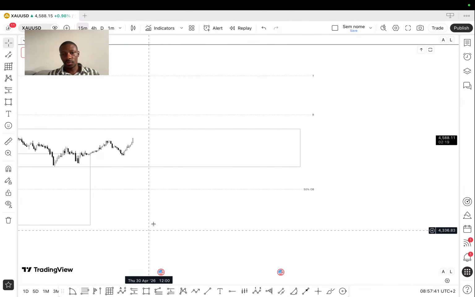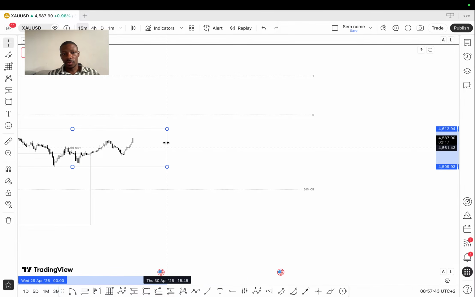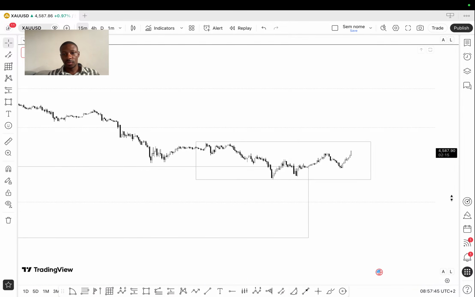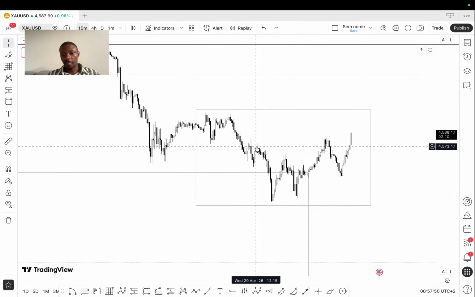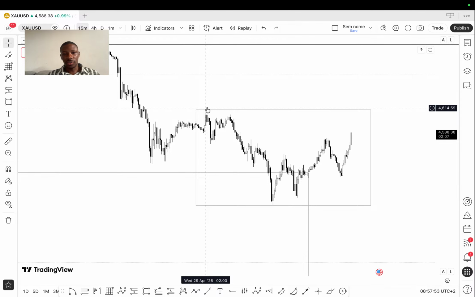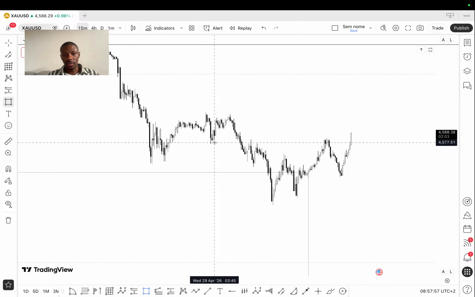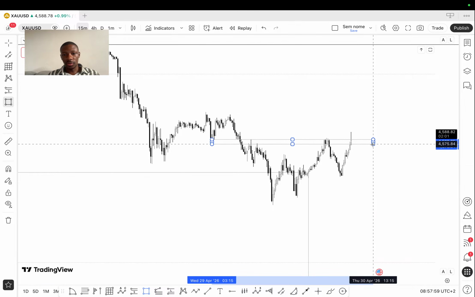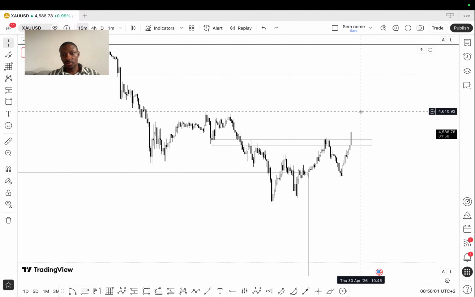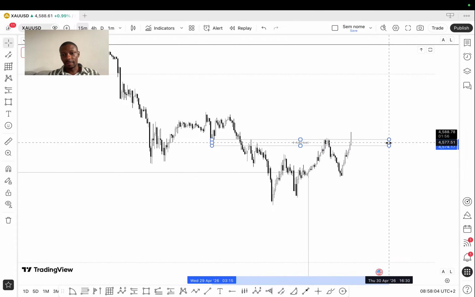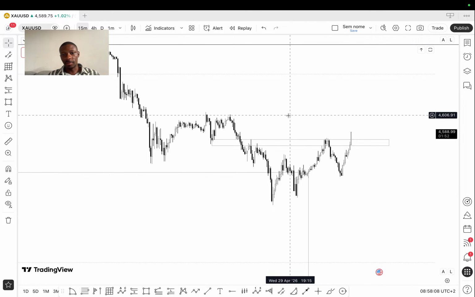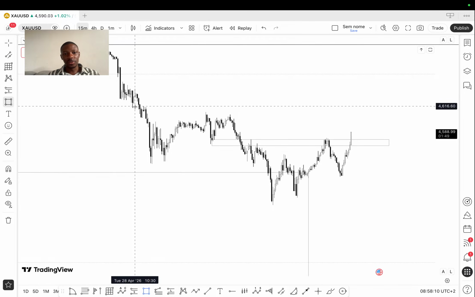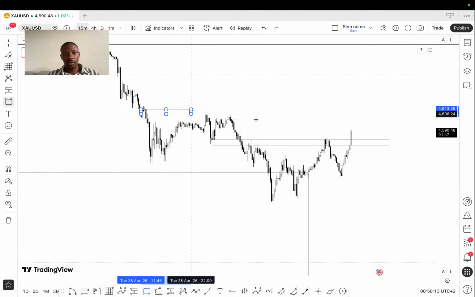Here we are on the 15 minute. Price looks perfect to buy. For those that have not yet entered any trades, these are going to be the initial levels for those who wish to buy. What we can wait for is price to push down and then move up, and our secondary buy zones are here.